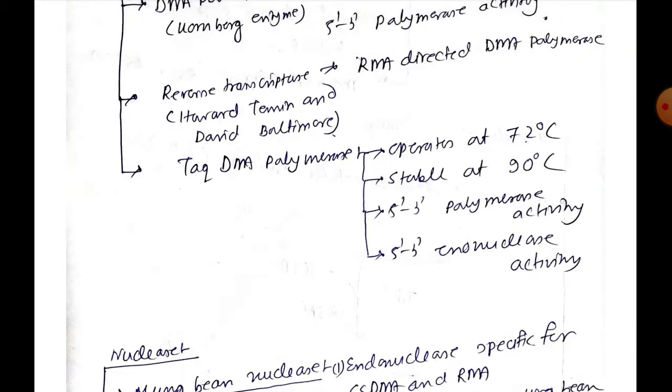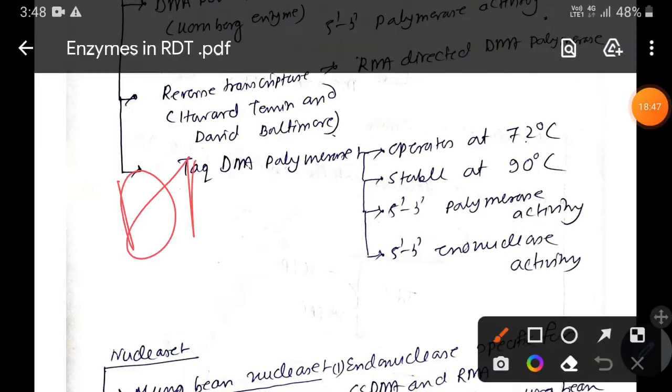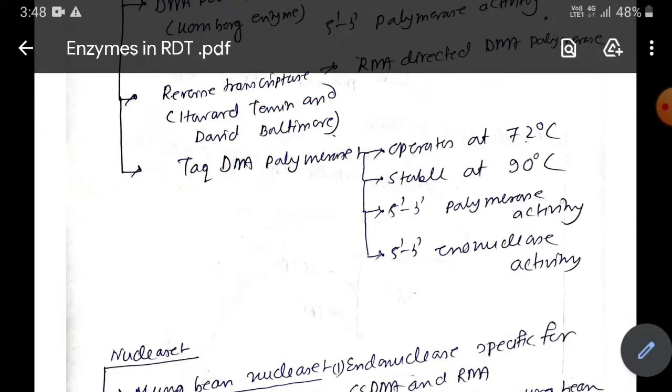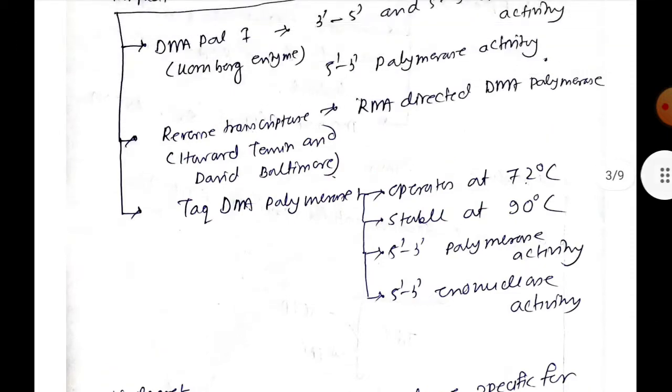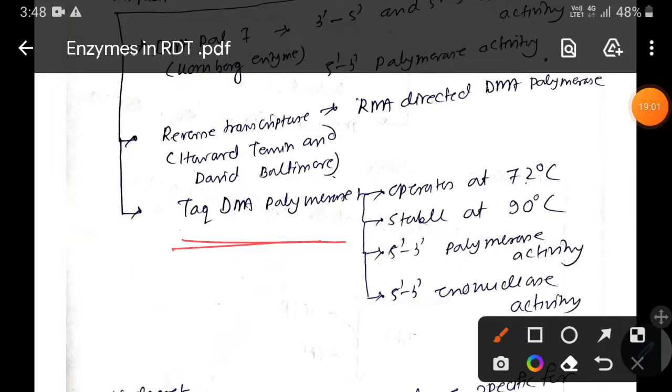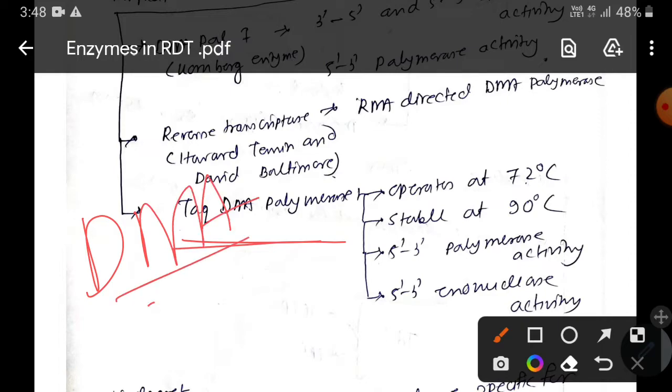There is too much fluctuation, and if we use normal DNA polymerase such as DNA Pol 1 or Pol 3, or a normal reverse transcriptase, they cannot withstand that kind of temperature fluctuation, right? That is why DNA synthesis in vitro is not possible.